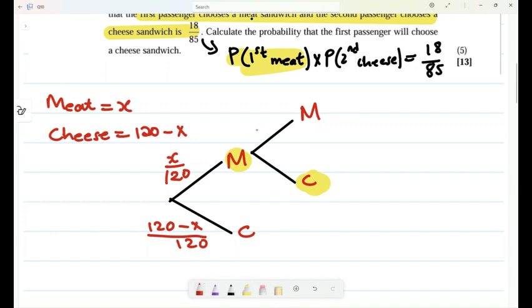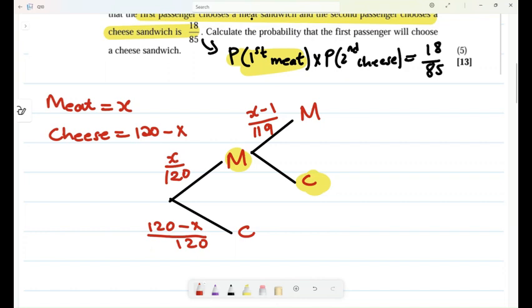We all agree when we come to this part, if the first passenger has taken meat as a sandwich, there will be 119 sandwiches left now, right? Yes, there will be 119 sandwiches left. So it means then you're gonna say x minus 1.